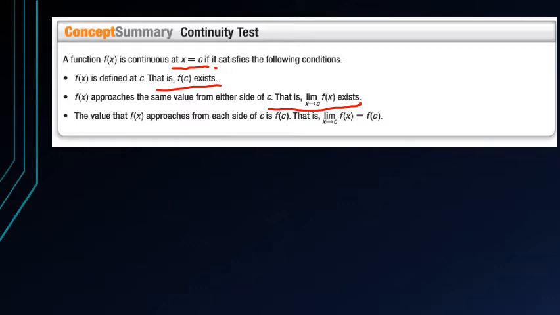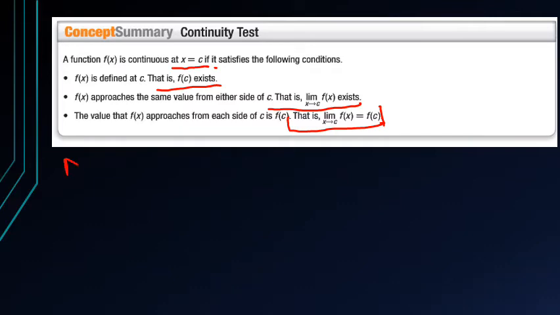And if they are, then we can determine that the limit is in fact true, where x is getting closer to c, and y, or f of x, is getting closer to that same value as x is getting close to c.